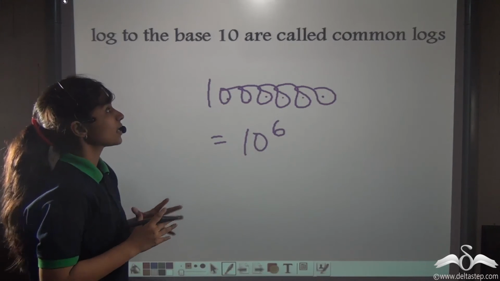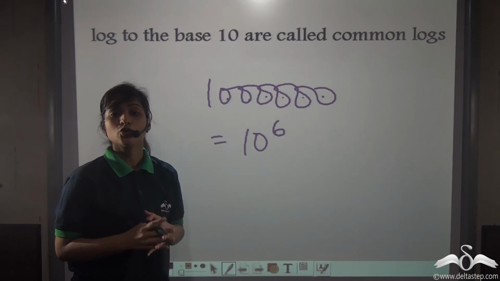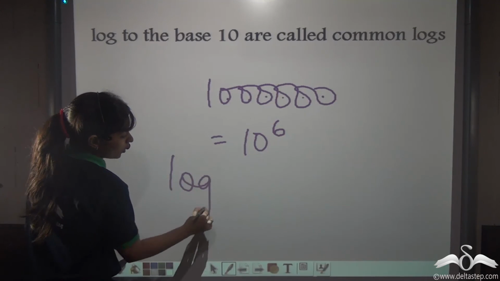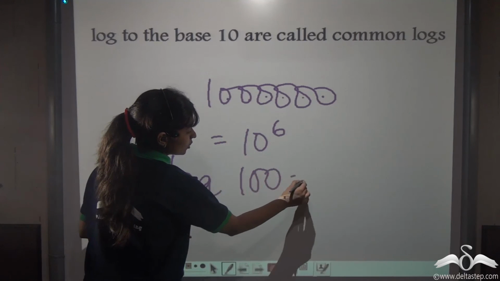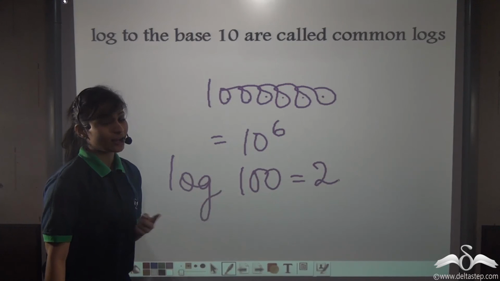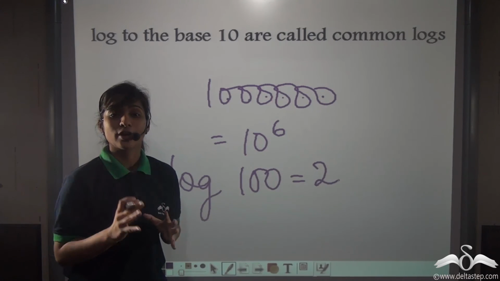So what we do is, if you do not find the base written in any log, you take the base as 10. For example, log 100 is equal to 2. Here you are finding the base missing, and I told you not to forget to write the base.